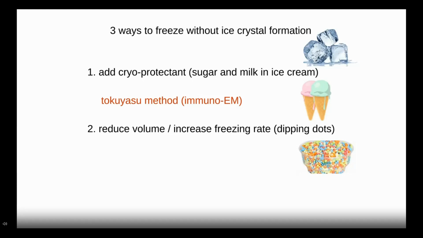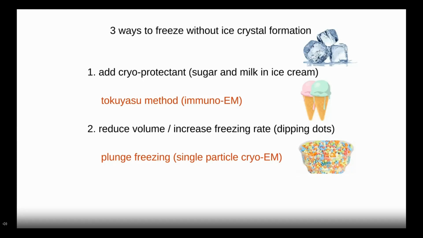Although this doesn't have milk in it, you still don't have the crystalline-like texture when you eat Dippin' Dots. And people use this technique for single particle cryo-EM or cryo-electron tomography these days. This is called plunge freezing. And we are basically putting the tissues or samples into liquid ethane in those cases.